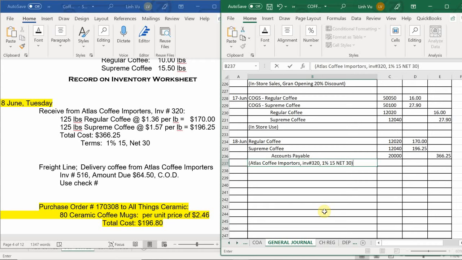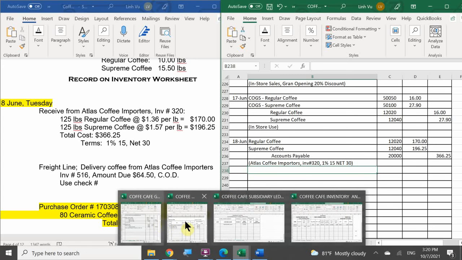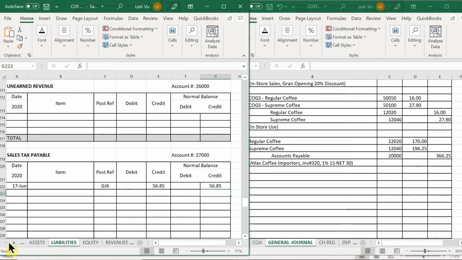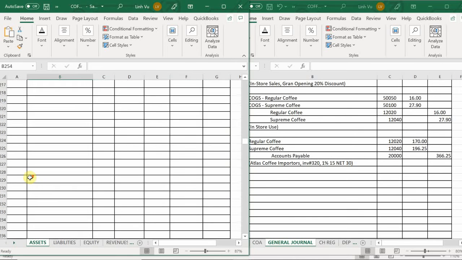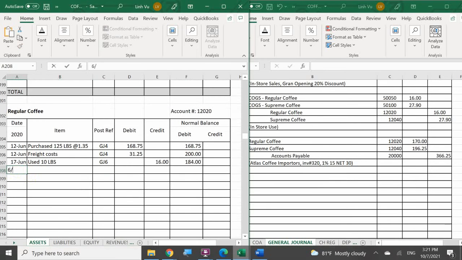So we go to the ledger. For regular coffee, we have 125 pounds of coffee.